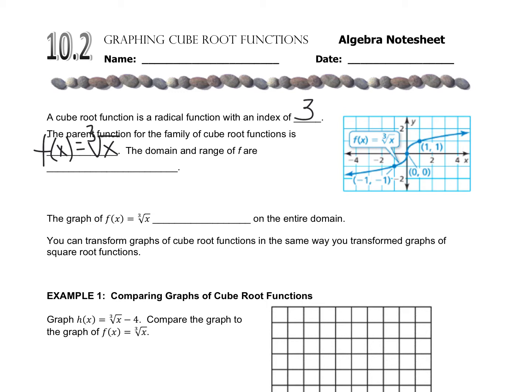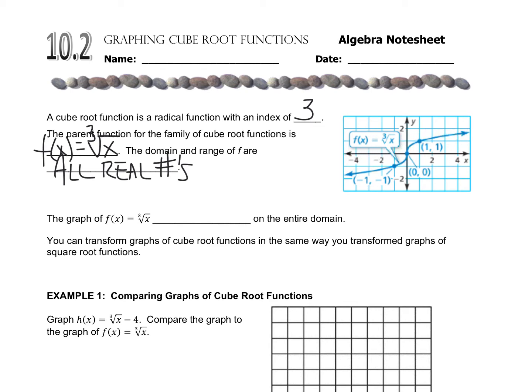Now, something that we haven't seen a lot of this year, we're going to see this time the domain and the range of this function are both all real numbers. And you can see that over in the graph. This is the graph of the parent cube root function right here.